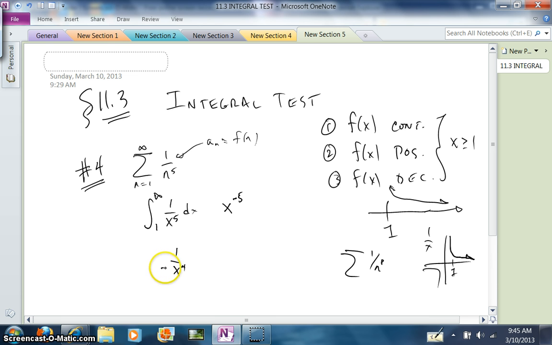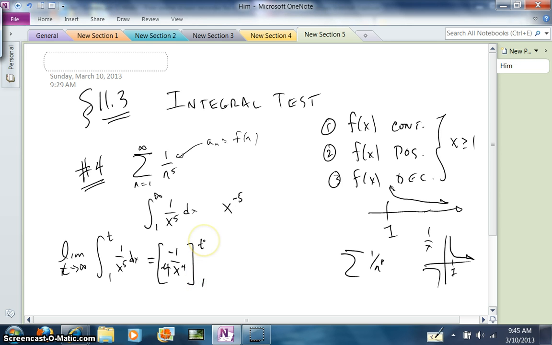So I get negative 1 over 4 x to the 4th as my antiderivative. What I need to do here is convert this into a limit as t goes to infinity of the integral from 1 to t of 1 over x to the 5th. And then that's equal to this antiderivative evaluated from 1 to t.